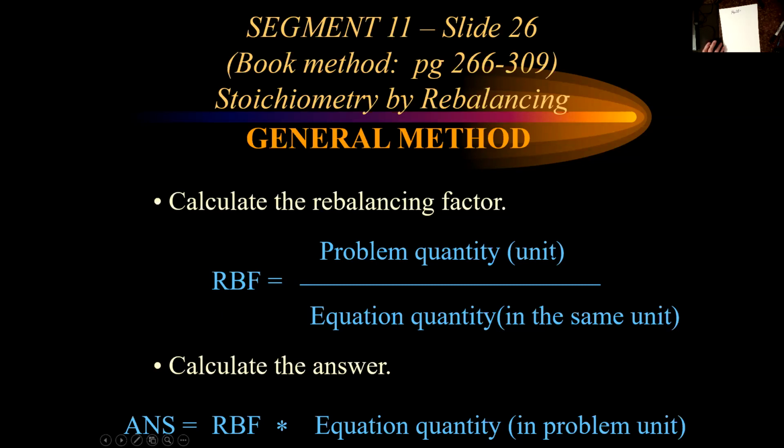So keep these two in mind. You might jot that down somewhere to refer back to it. We're going to be using it a lot. So the part of the problem is just getting a rebalancing factor that I'm going to multiply through the entire equation. Once I get that number, I'm going to just multiply it by one of the substances in the reaction that the problem is asking for.